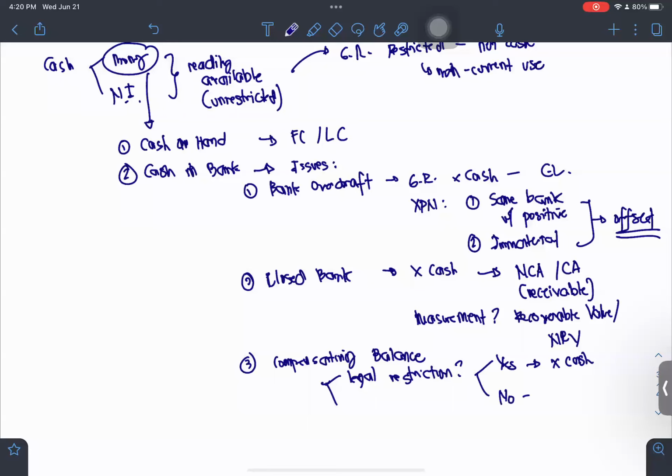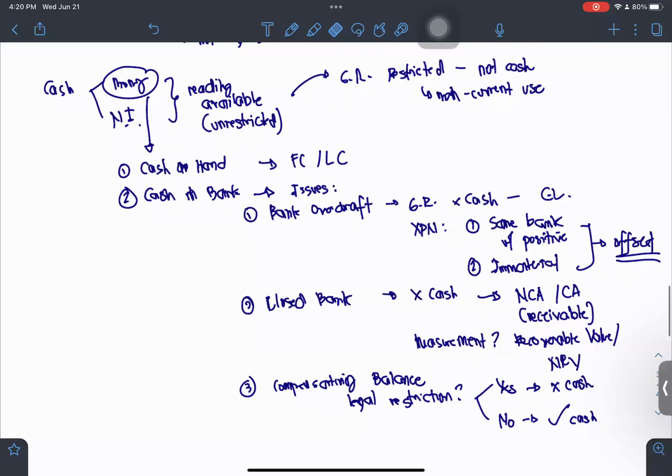If there is no legal restriction, then it is part of your cash. Okay. So far, these are the things that we've already discussed. So we're done in your money. Take note, for determining whether it is cash or not cash, just always remember that it is unrestricted.